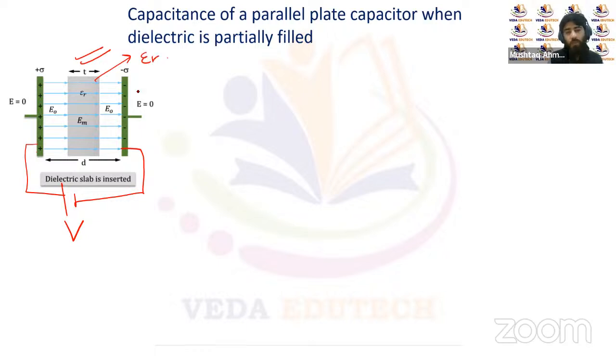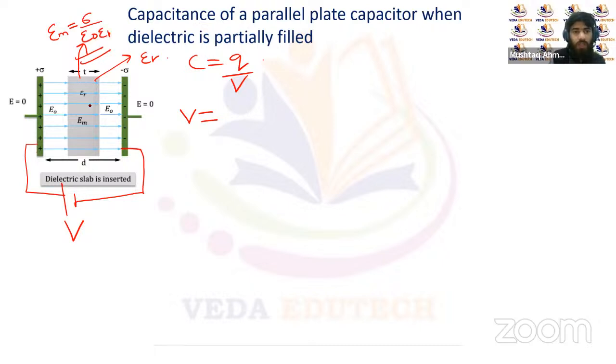Now we'll be using the same concept. Our capacitance is the charge upon the potential difference between the two plates here. Now this total potential difference will be between this region, and we know that in this region, since this is a dielectric, the electric field will be sigma upon epsilon naught into epsilon r.